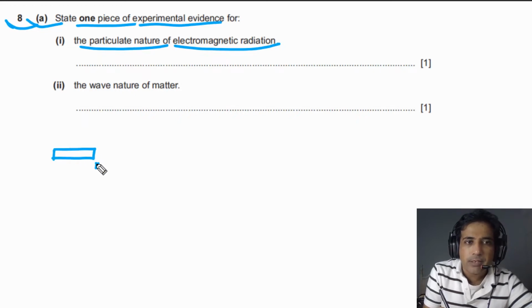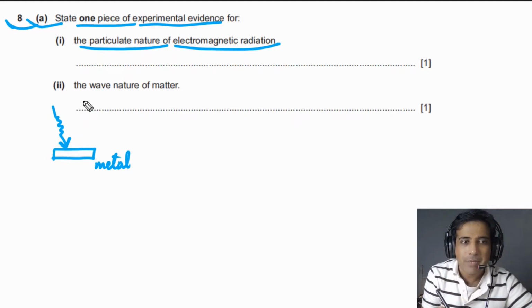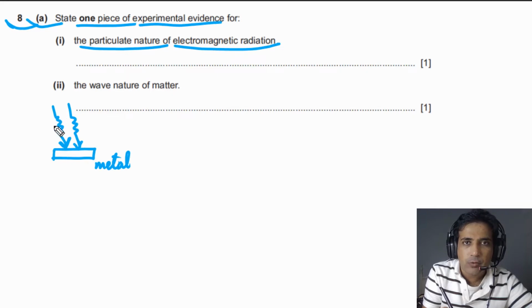Imagine that this is a piece of metal and EM radiation is reaching this metal surface, or simply we shine light on this metal. We will observe that if the energy of the photon of this electromagnetic radiation is greater than the work function of the metal, photoelectrons will be emitted from the metal.